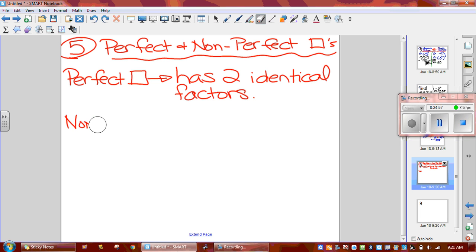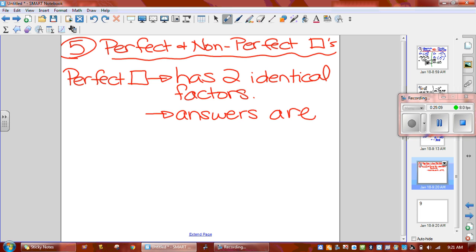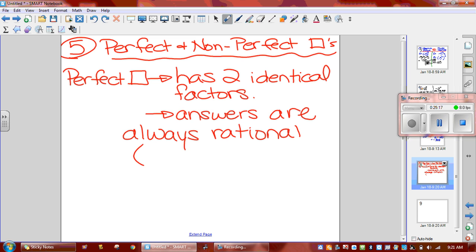Before we go to non-perfect squares, a couple more things about perfect squares. They have two identical factors. The answers are always rational, which means a fraction or terminating decimal.